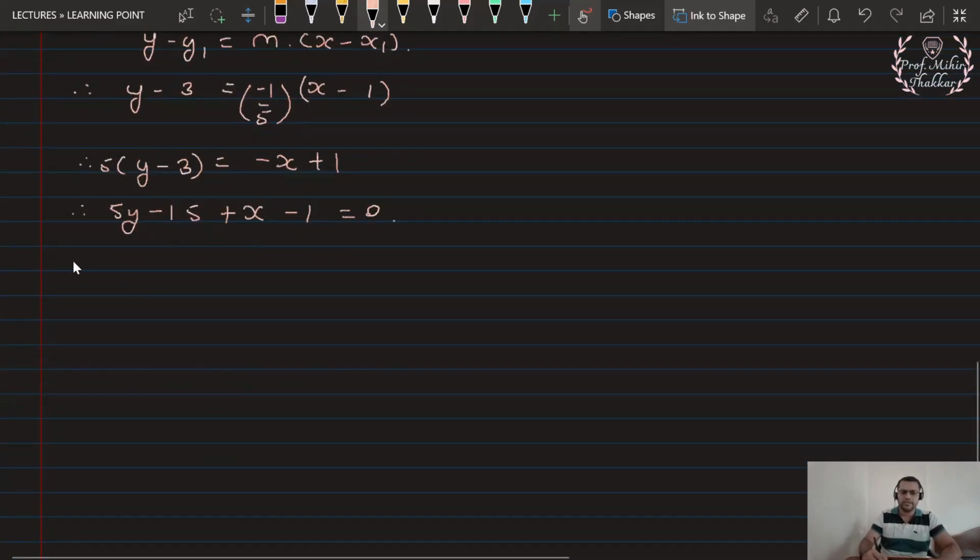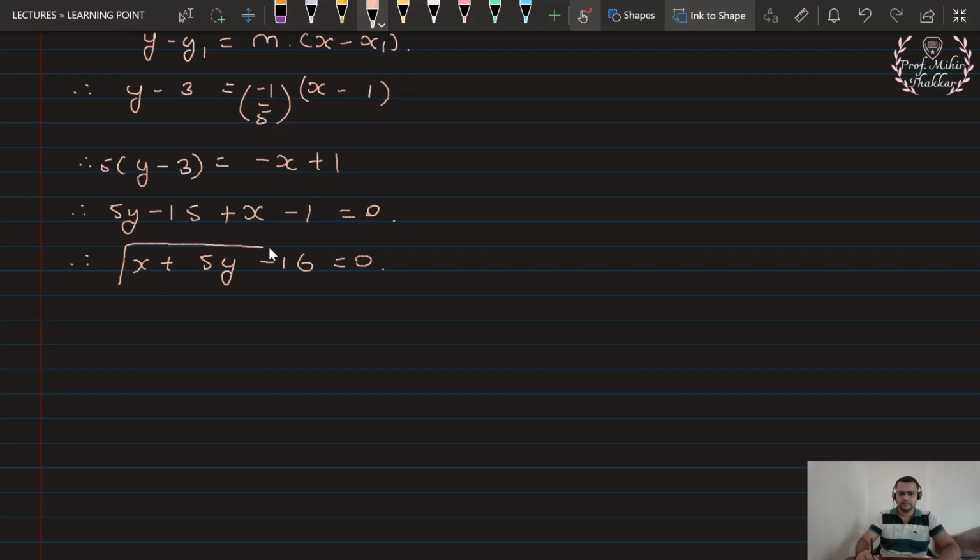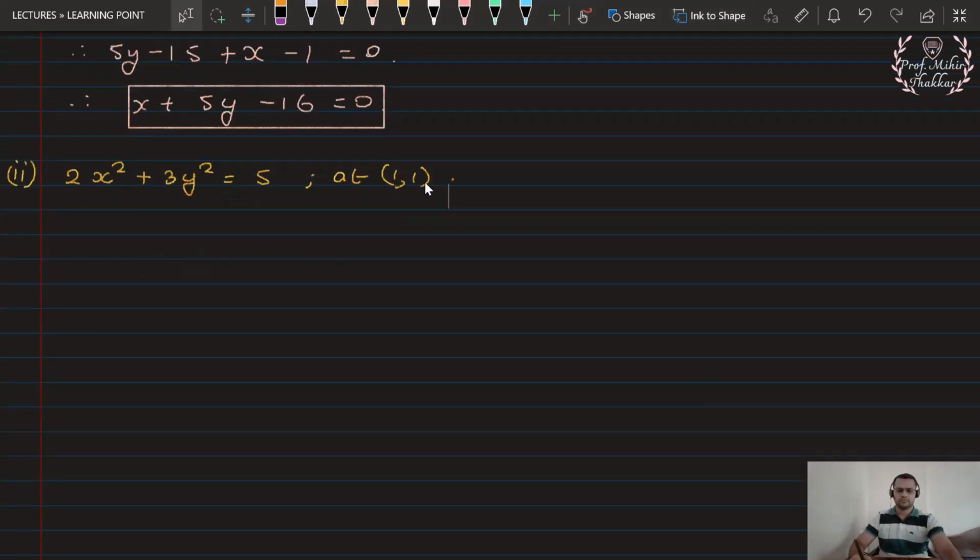So just rearrange the terms as per our required order. x plus 5y minus 16 is equal to 0. That is our required equation of the normal.